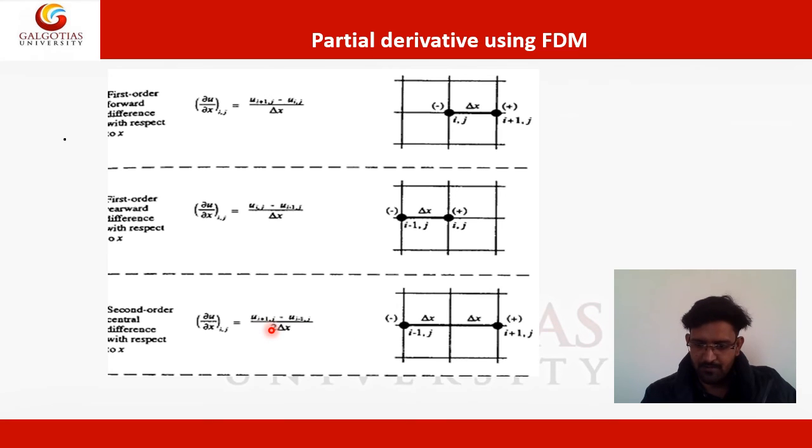So we can approximate this partial derivative into an algebraic equation, and we can write that del u by del x at ij is going to be the difference, that is u i plus 1, j, the value of the function at this extreme point, minus the value of the function at the left hand side extreme point, that is u i minus 1, j, divided by 2 delta x. So we are just applying the Taylor series and approximating the partial differential equations into algebraic equations, and the other terms, that is the error terms, will come, but we have not considered them in this equation.